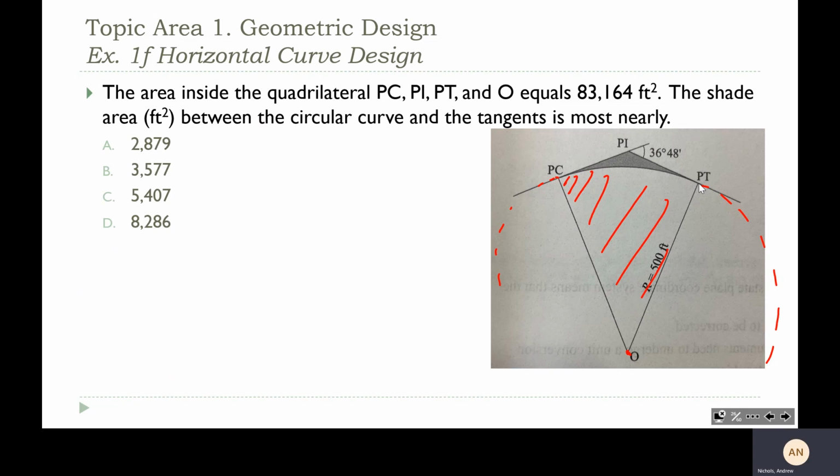If we know the radius, we could calculate the total area of the entire circle, right? And then if we knew this angle, we would know what portion out of 360 to take the proportion of. And that would give us that total area in there, right? So do we know this angle?